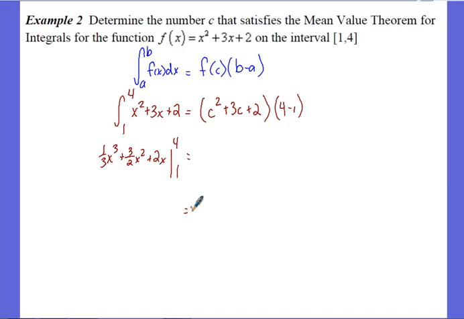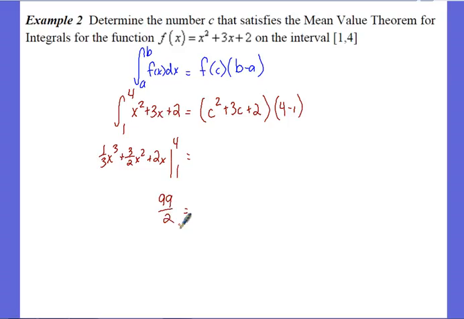And the quickest way to do this is what? Put it in y1, y1 of 4 minus y1 of 1. What is it? Give me that as a fraction. You should get 99 over 2.